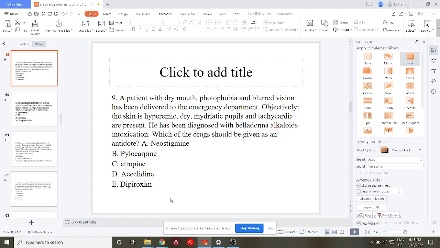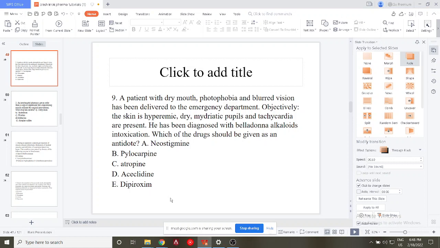A patient with dry mouth, photophobia, and blurred vision has been delivered to the emergency department. Objectively, the skin is hyperemic and dry, mydriatic pupils and tachycardia are present. He has been diagnosed with belladonna alkaloid intoxication. Which of the drugs should be given as an antidote?